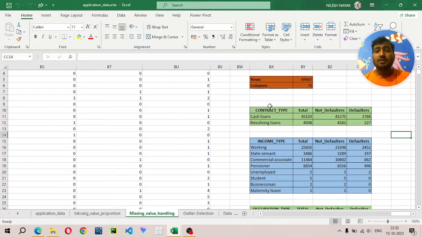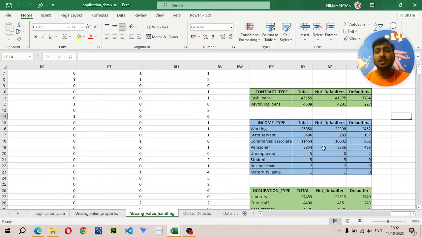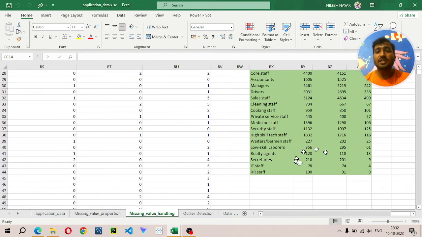This is what we have shown in the insights of the data.